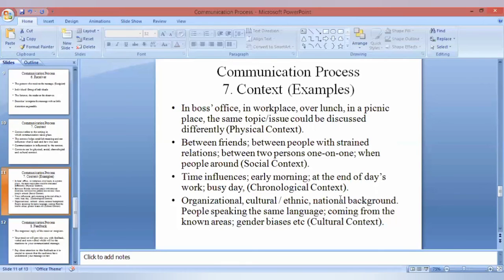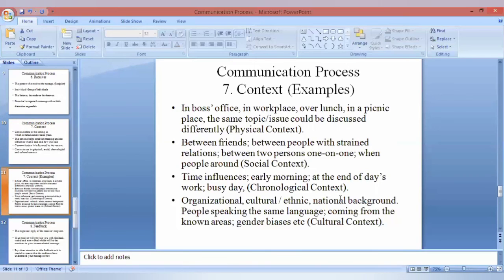The issue which you are addressing in the form of a message has social context in it, like a quarrel between friends. So these are different social contexts, right?